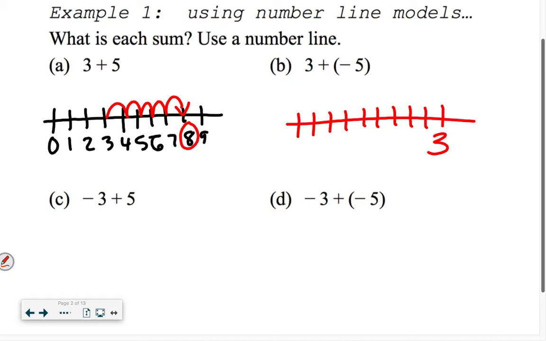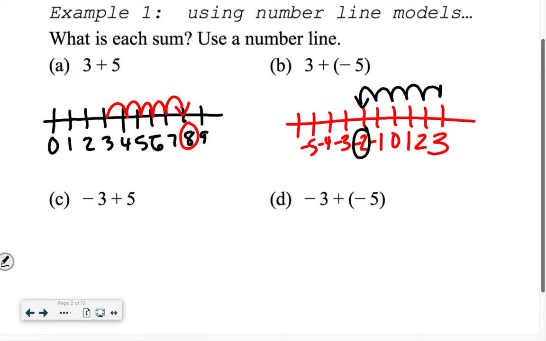So we're going to start here and go back 5. 1, 2, 3, 4, 5. Then I went to 2, 1, 0, negative 1, negative 2. So our answer is negative 2.